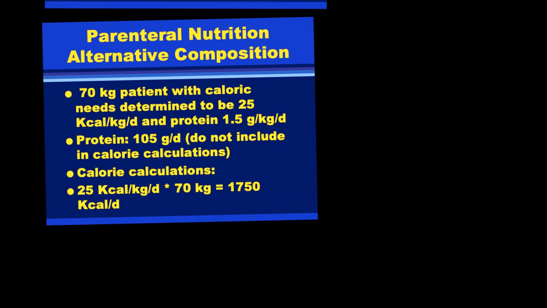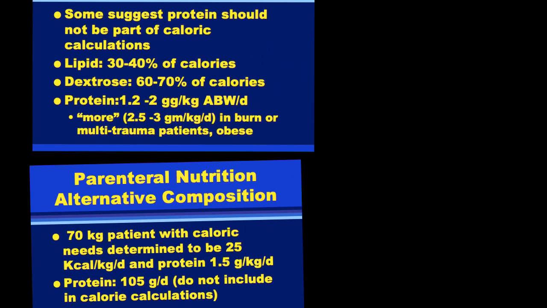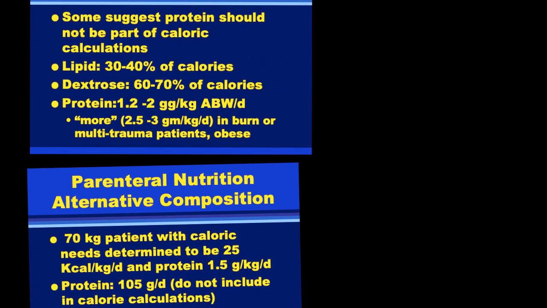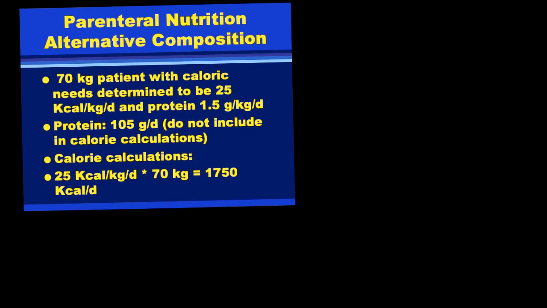For example, a 70 kilogram patient has caloric needs determined to be 25 kcals per kilogram per day and a protein requirement of 1.5 grams per kilogram per day. This patient is not severe, because they only need 1.2 to 2, so that's 1.5.